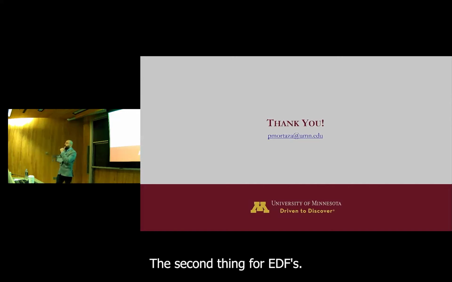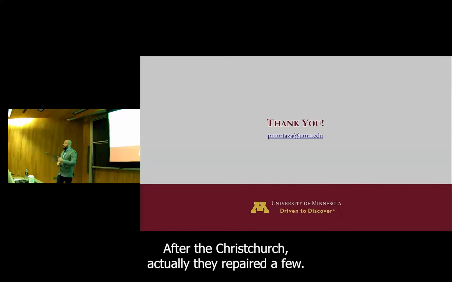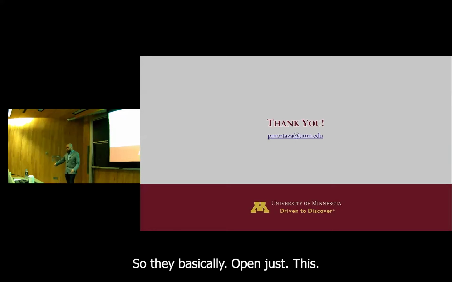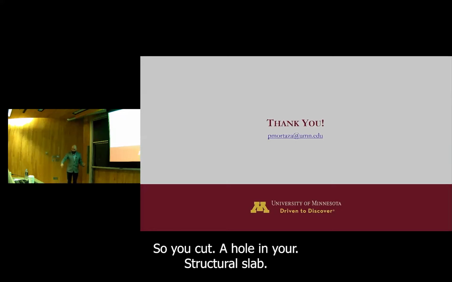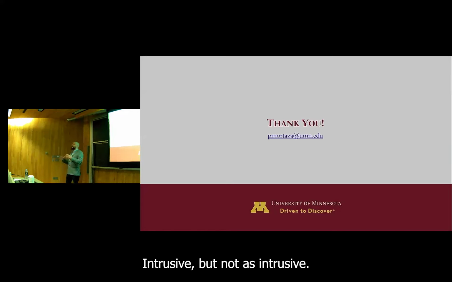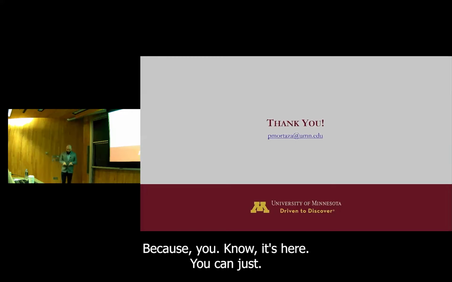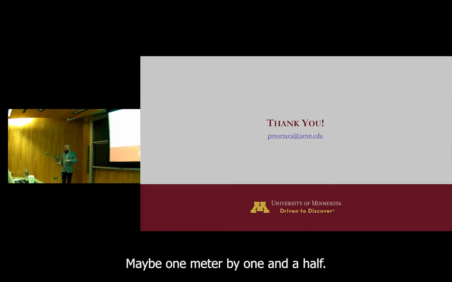The second thing, for EBFs, after Christchurch, they actually repaired a few conventional EBFs and replaced the links. So you cut a hole in your structural slab. It is intrusive, but not as intrusive as with, let's say, a moment resisting frame where you had to go to both joints. You know it's here, so you can just cut a hole, maybe 1 meter by 1.5.